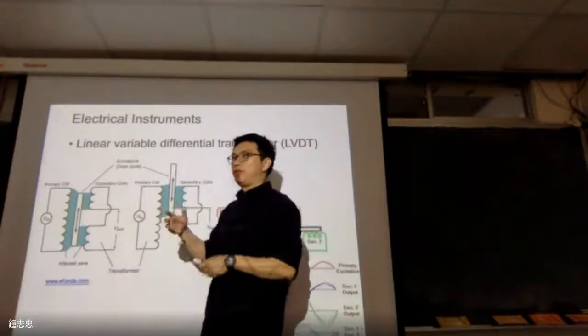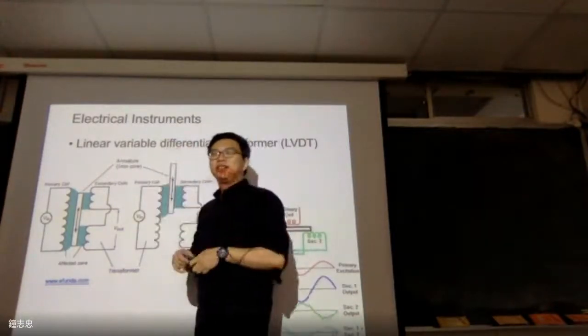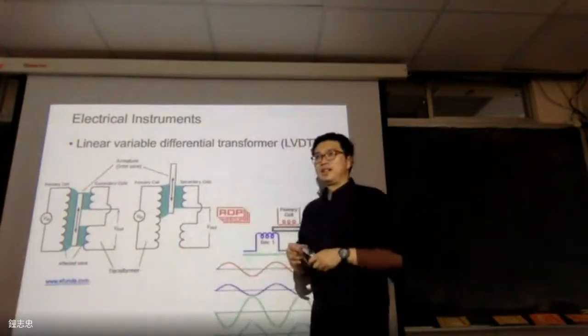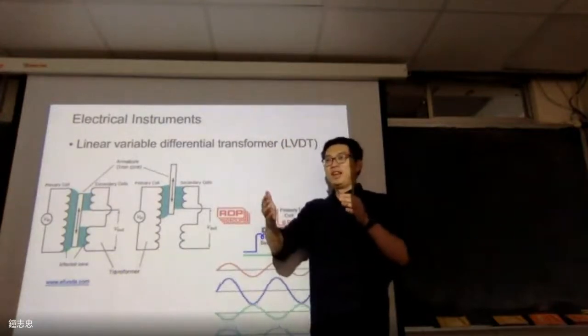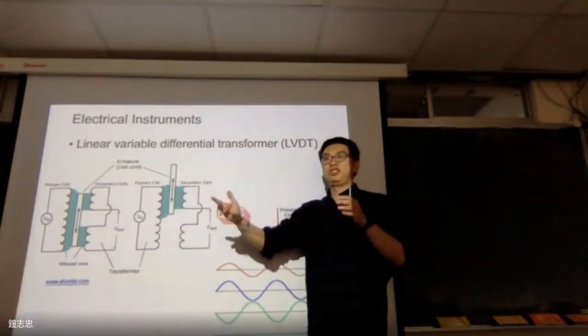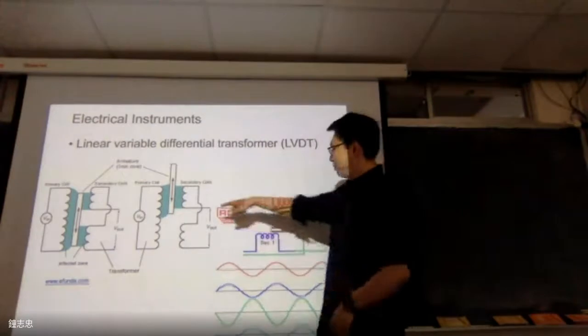I don't know if you guys already remember the concept of the generation from the circuit to the field, the EM field, and the EM field change can generate the electrical voltage in the circuit, what we call Faraday's law.